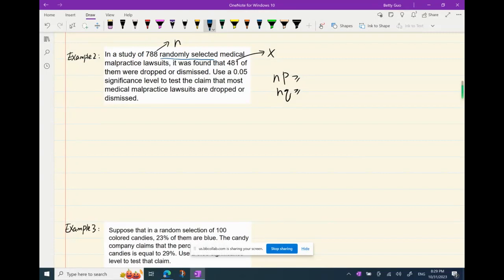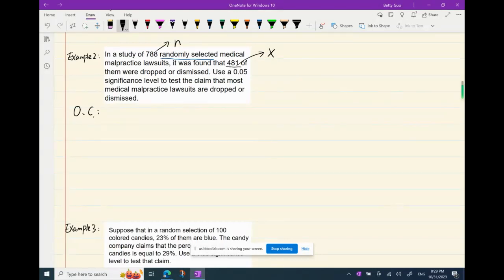And then np is actually x, of course it's bigger than 5, 481 is bigger than 5. And nq, the number of failures, is also bigger than 5. If you have 481 successes, you're going to have 307 failures, also bigger than 5. So you can quickly check all those requirements, and all 3 requirements are satisfied. All right, then let's start our procedure.